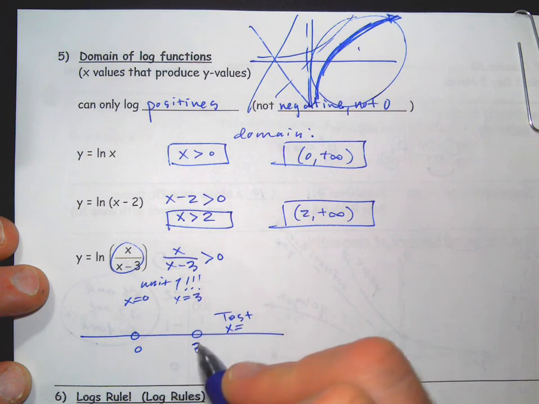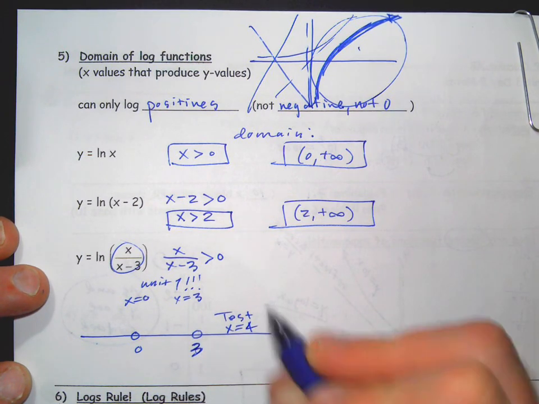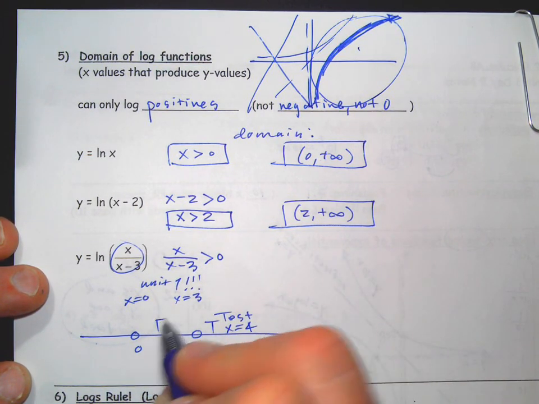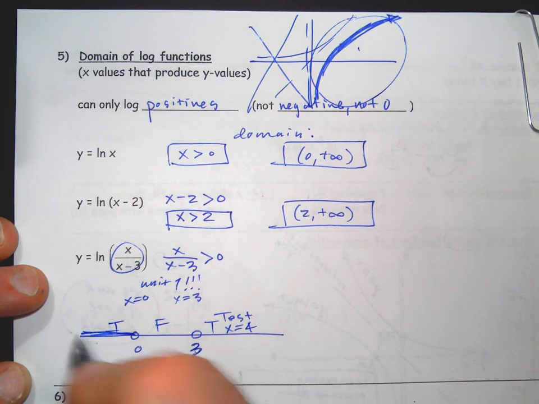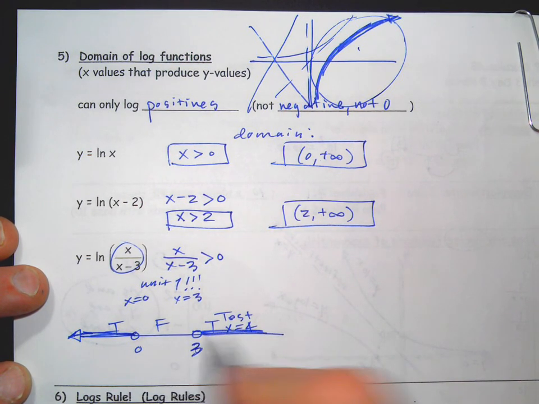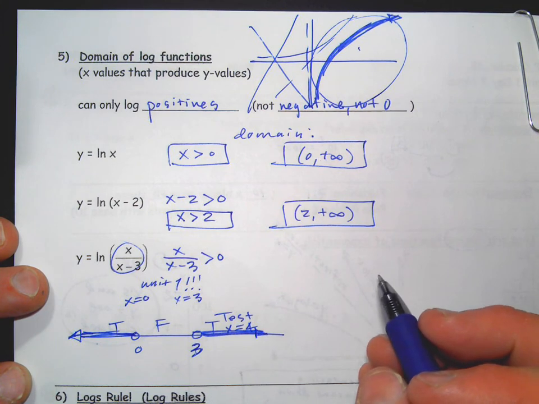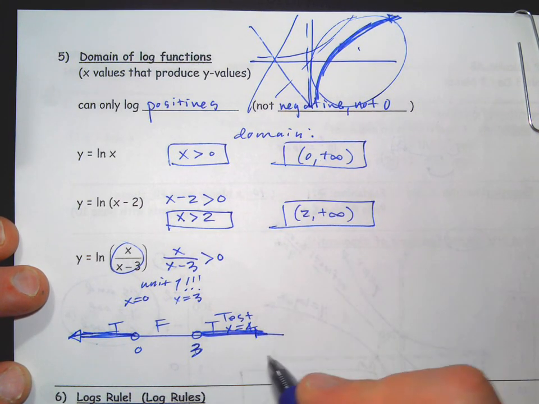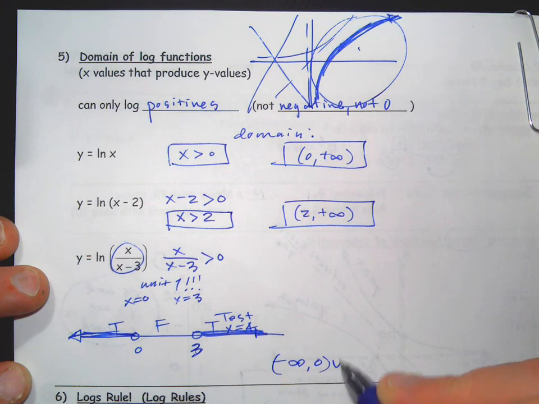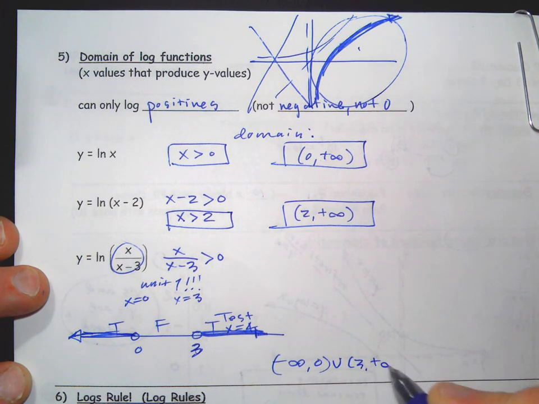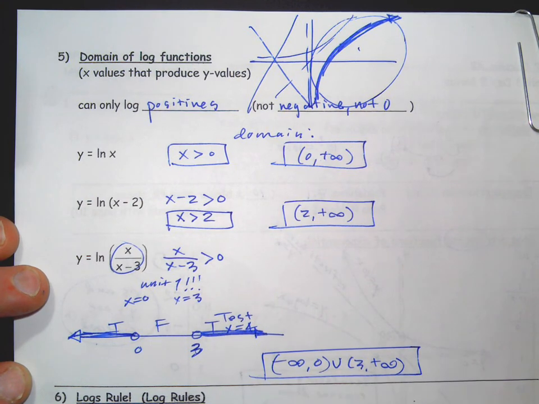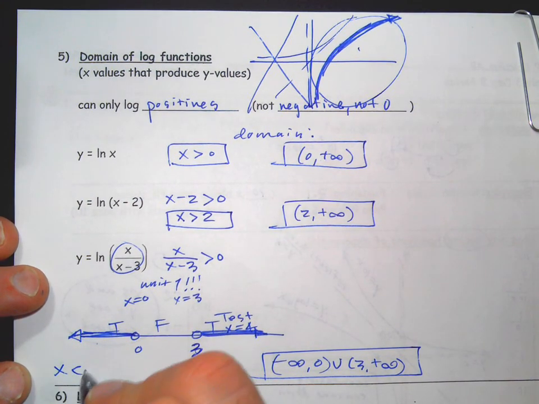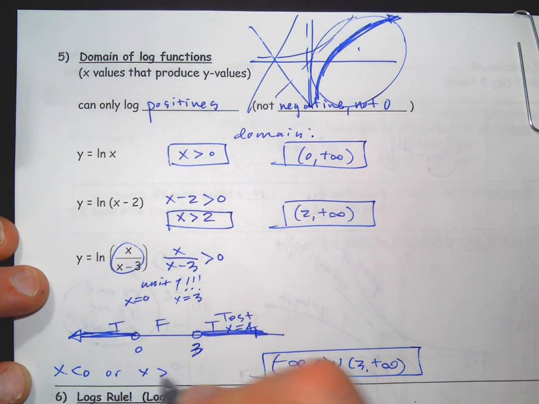Watch out for bounces. Test far right. Positive, positive, true, false, true. And so the answer is the domain is negative infinity to 0, union 3 to positive infinity. The other way you can say it is x is less than 0 or x is greater than 3.